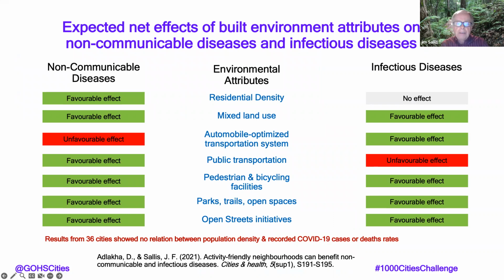For COVID-19, I'm just going to refer briefly to this commentary that Deepti Adlaka and I published early in the pandemic, where we identified a list of environmental attributes that we know by research are related to non-communicable diseases, including obesity and heart disease. And we predicted, based on the link with these environmental attributes and physical activity, that there would be similarly beneficial effects of most of these environmental attributes for infectious diseases.